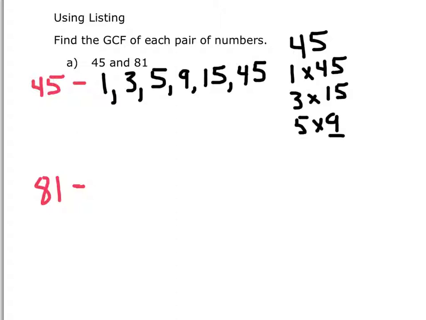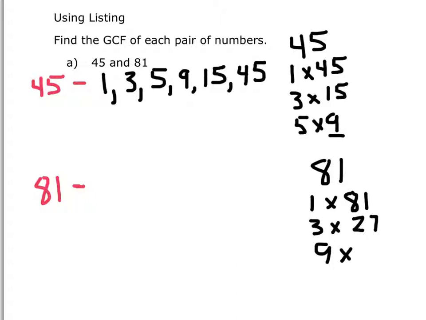Now, I need all the factors of 81. So I know 1 times 81 is 81. 2 won't work because 81's not even. 3 will work. 3 times 27 is 81. 4 will not work. 5 will not work. 6 will not work. 7 does not work. 8 will not work. 9 works, and I have 9 times 9, and since I have 2 9's there, I can stop.